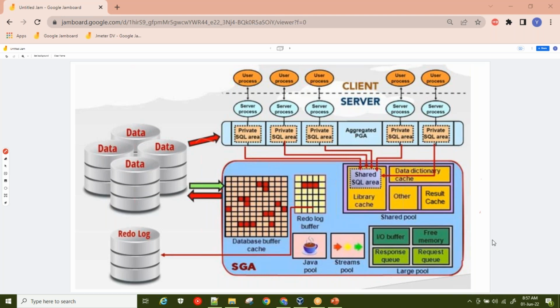Oh no, if you are making changes to any particular table, then whatever the table contained earlier, before making changes, this redo log will contain both before making changes to the table as well as after making the changes, so that in case of failure, it can take back the old data.